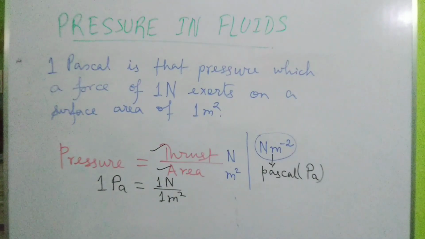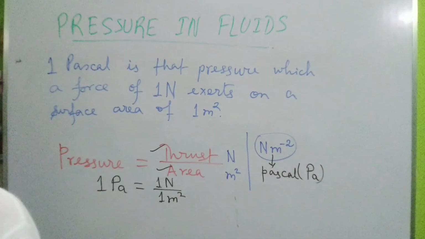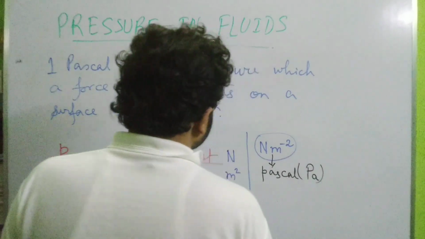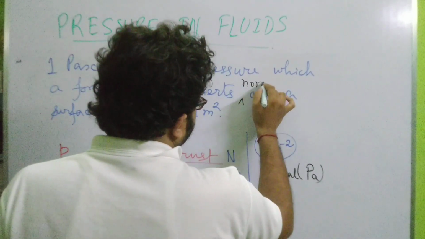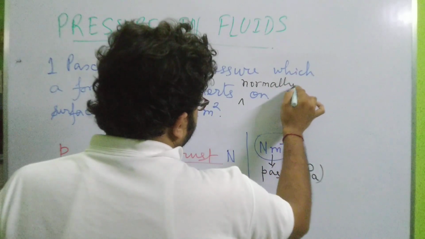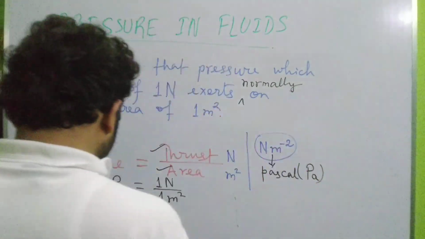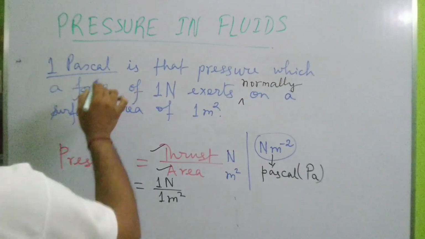This is the definition of 1 Pascal. Another thing that must be mentioned is that this force is acting perpendicularly. So 1 Pascal is the pressure which a force of 1 Newton exerts perpendicularly, or normally, on a surface area of 1 meter square. I think the definition is clear.